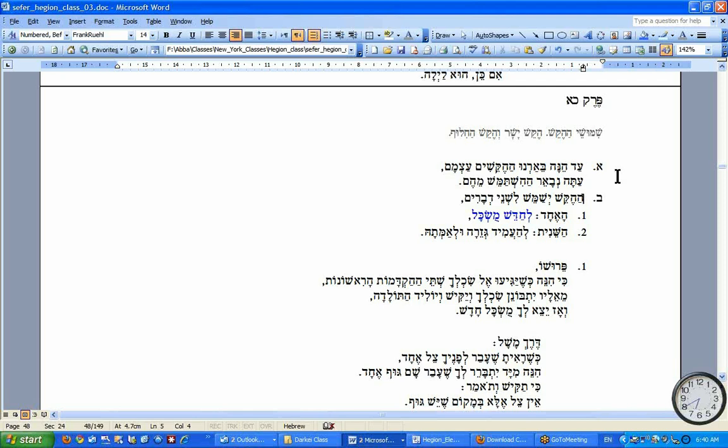So he says, the Hekesh has two purposes, two ways that it's used. One is lechadesh hamuskal, to create new ideas, and the second one is going to be lahamid gezer al amito.